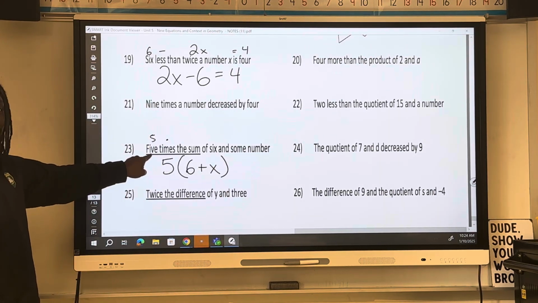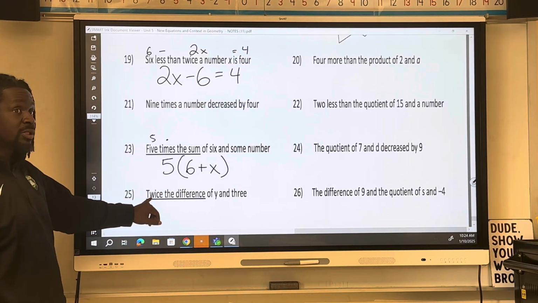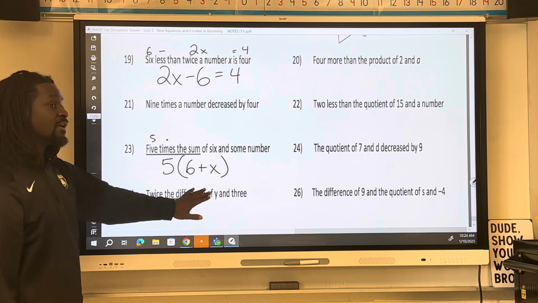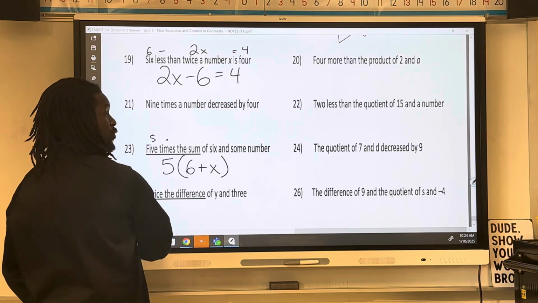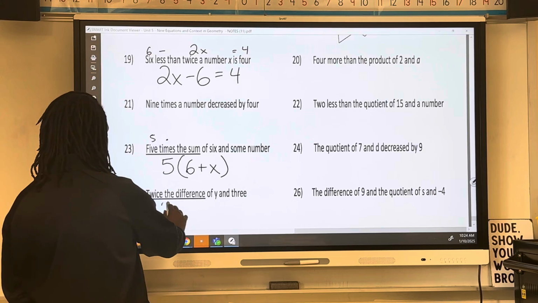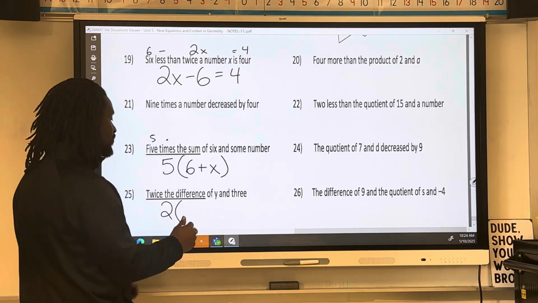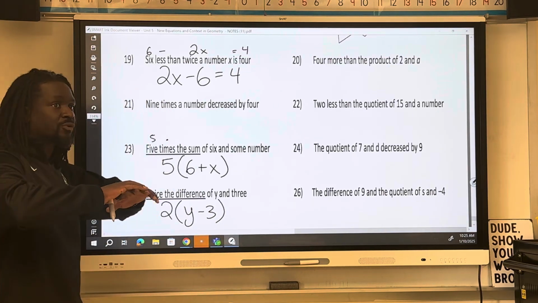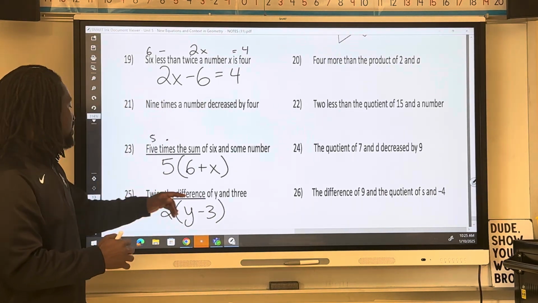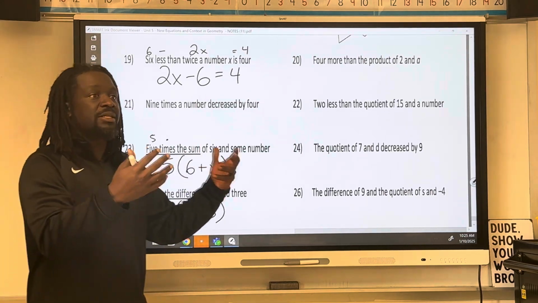So again, whenever you are multiplying times the sum, or you're multiplying times the difference, we have to put parentheses around it. So look at 25. 25 is 2 times the difference of y and 3. So it is y minus 3. And we have to put parentheses around the y minus 3 because we are multiplying times the difference.